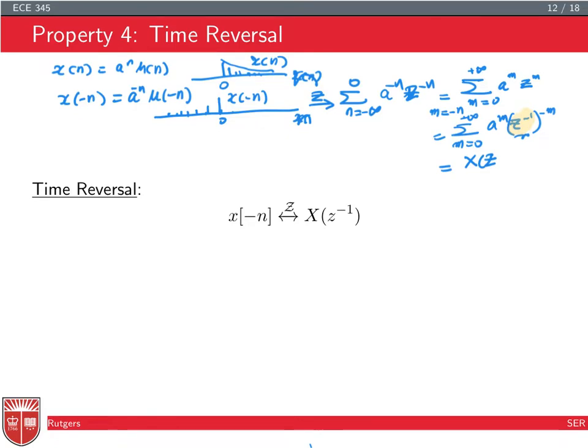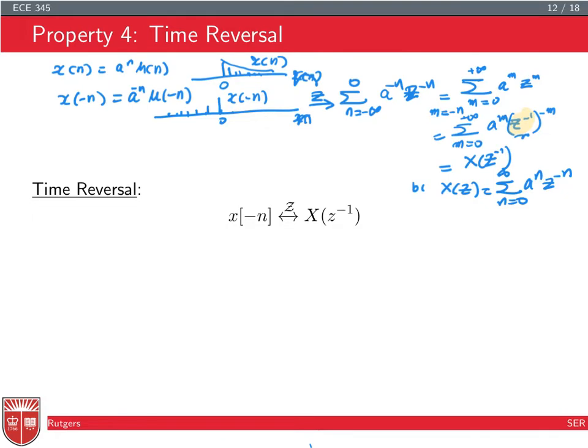So this is X(z^(-1)), because X(z) is equal to the sum from n equals 0 to infinity of a^n z^(-n), right? So the connection between X(z) and the time-reversed version of x is that in the Z transform, you replace z by z^(-1).